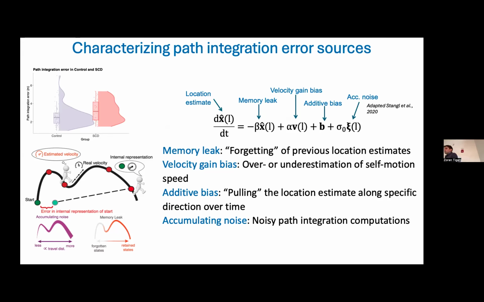Now, given a number of behavioral trials, it's a question of how do we estimate these parameters. One approach could be to do a maximum likelihood estimation, and we have the error on every trial from the participants. That's reasonable, but in many cases here, it leads to very large magnitudes of these estimated parameters. For example, it might end up that it says, oh, this alpha for the velocity gain is 10.